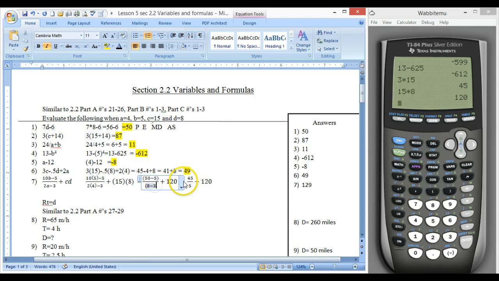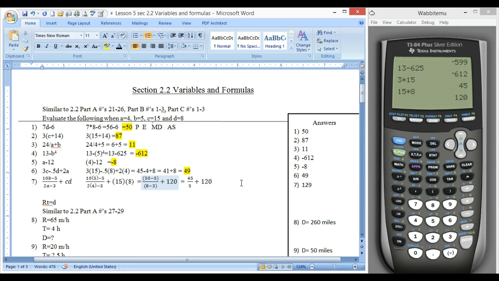So there is an implied set of parentheses even though they aren't there. Whenever I have a long division sign, the top needs to be taken care of and the bottom needs to be taken care of before you can divide. So it's kind of a tricky one where there's the implied parentheses.